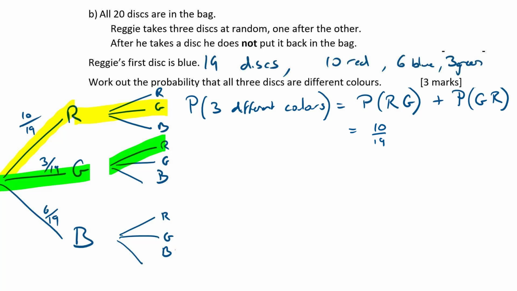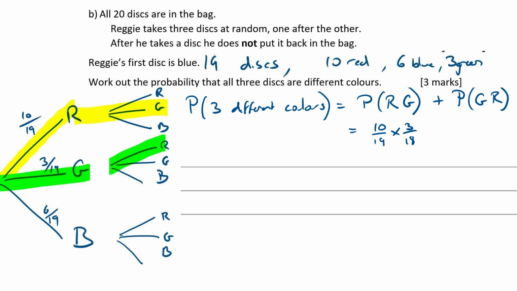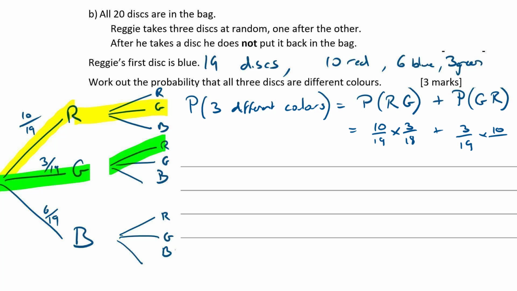So now there must be 18 discs left, all of the green ones are left. So that green branch should be 3 out of 18. So multiply that by 3 out of 18. Plus, if I went down the green route on my second selection, that has a probability of 3 over 19. And then on the red route, there would still be 10 red ones left out of a total of 18. So that's going to be times 10 over 18.